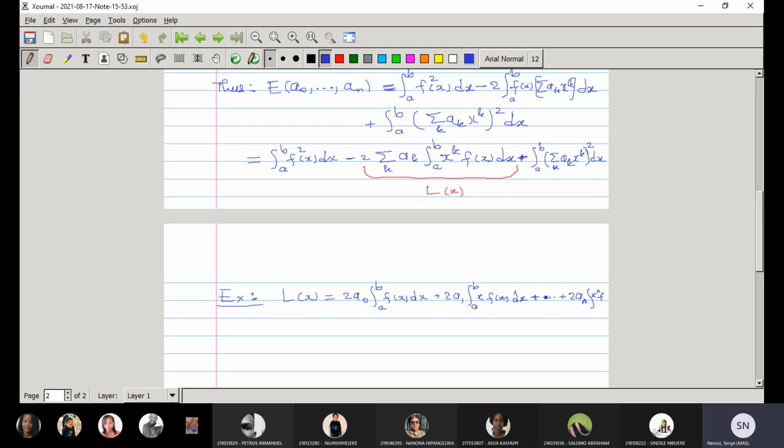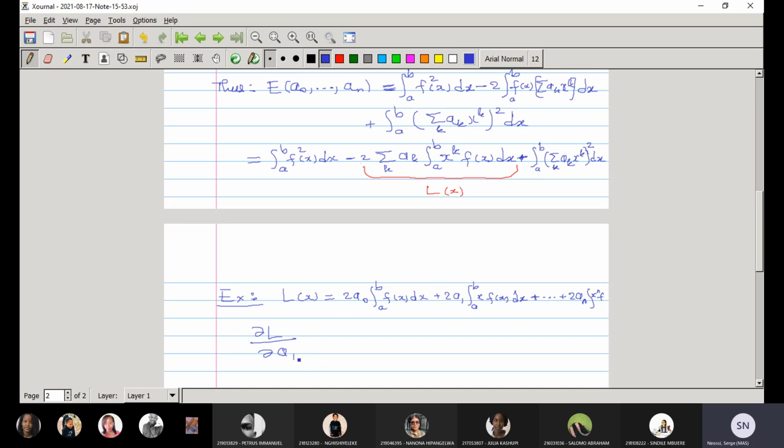Now, since I want to differentiate this term with respect to one of these terms, my j can be 0, it can be 1, it can be 2, 3, 4, up to n. It can be any of them. That's why I fix it. So for instance, if j is equal to 1, I differentiate with respect to a1.